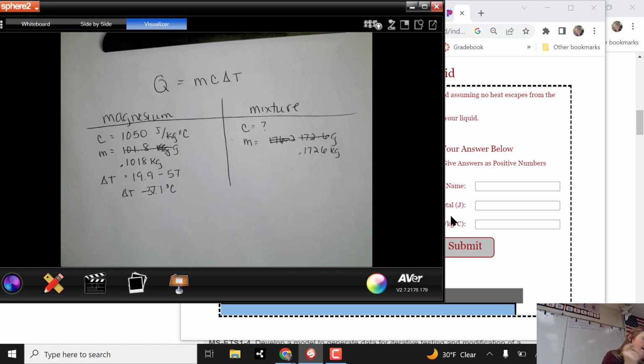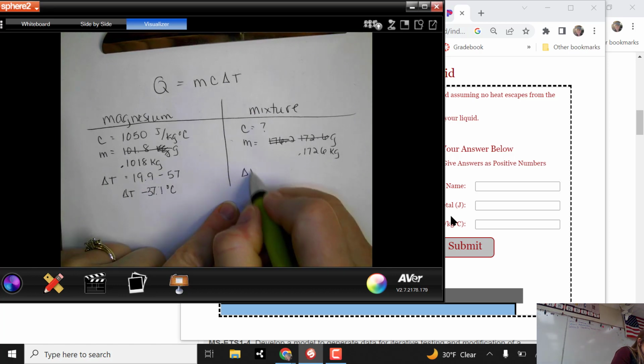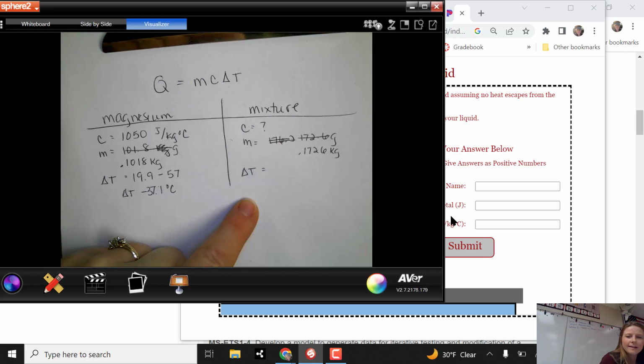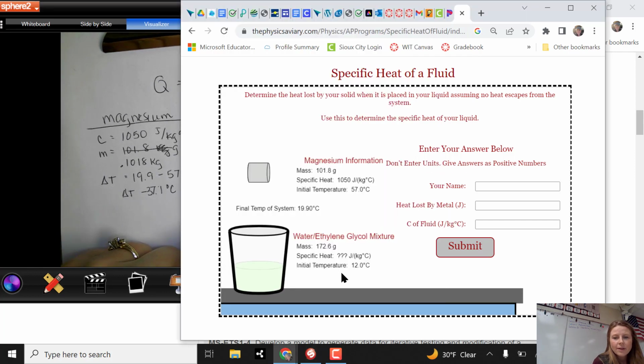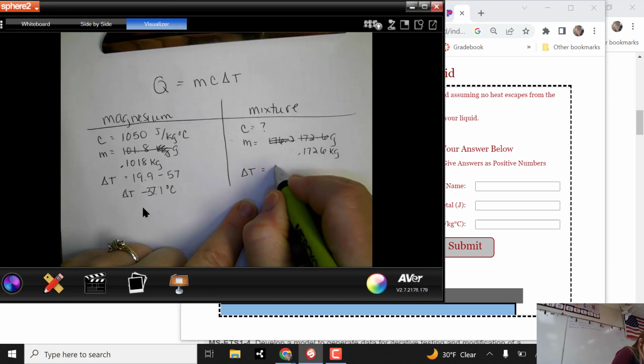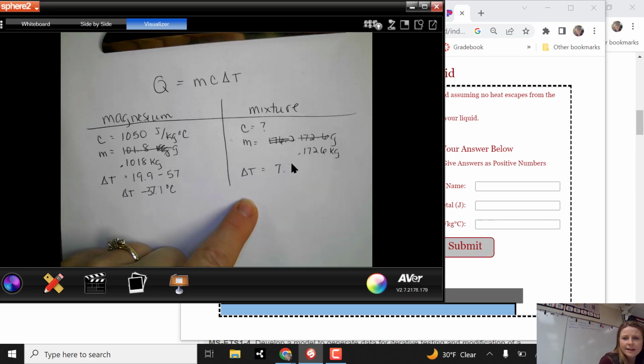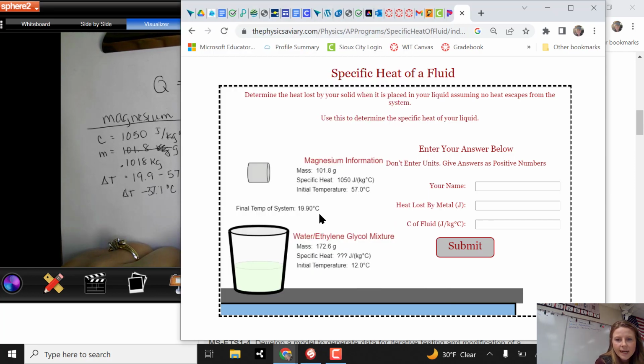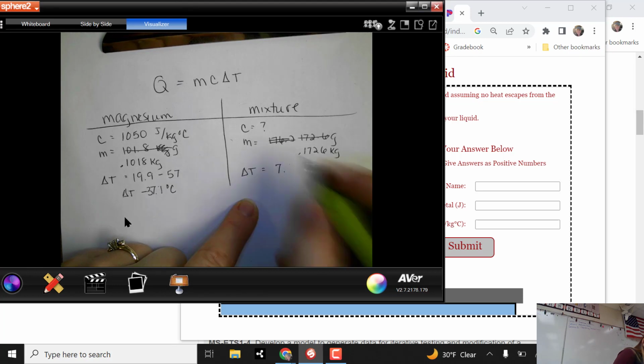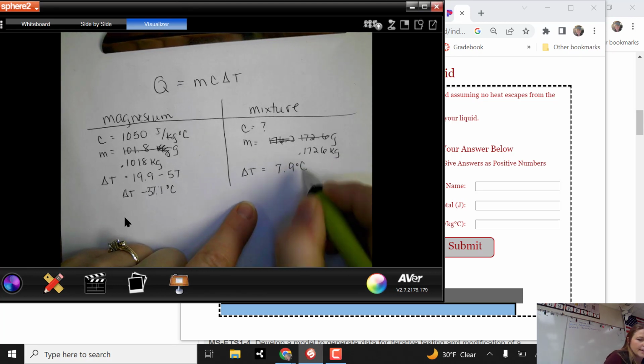Okay, so we know that the water ethylene glycol mixture is going to heat. It's going to gain energy. So how much is it going to gain? From 12 to 19.9, that's pretty easy to do in your head, right? That'll be 7.9 degrees Celsius.